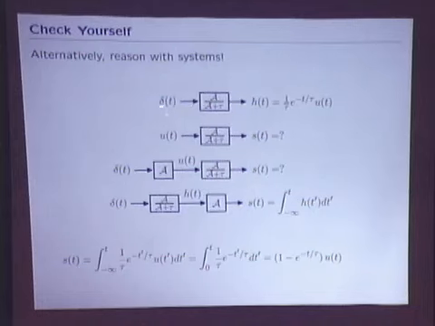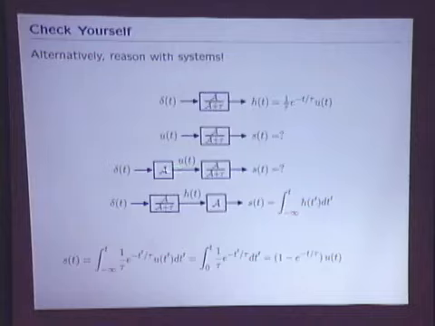If I know that delta goes into a system, it gives me the unit impulse response, h of t. The question then is to find the unit step response. Well, there's an easy way to find the unit step. That's just the integral of the unit impulse. So apparently, the unit step response of this thing is the same as the unit impulse response of this combined system.